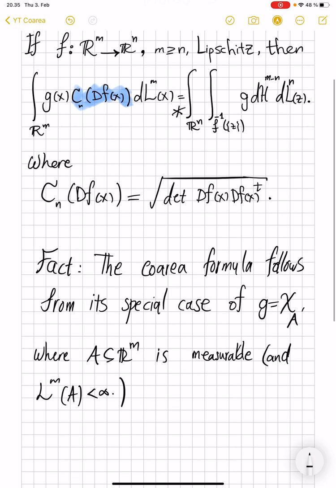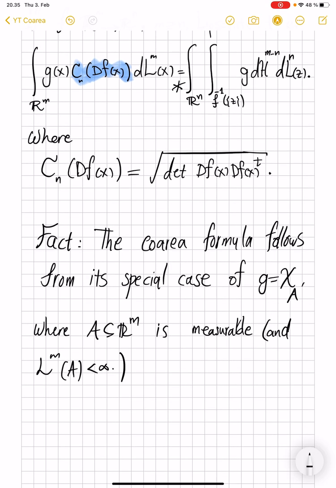But what does star become when I apply it to this G equal characteristic function of A? As I write down the equation, you can follow along with me and see if you agree that the formula star for this G becomes integrating the Coarea factor dfx dLmx only along the set A, and the right hand side becomes integrate over Rn. Now I'm integrating the characteristic function of A against dH^(m-n) measure over the fibers.